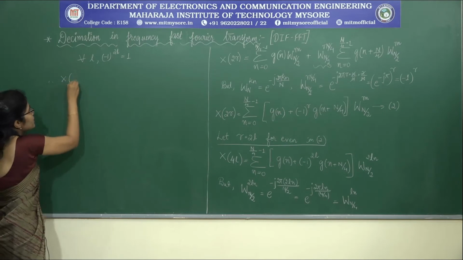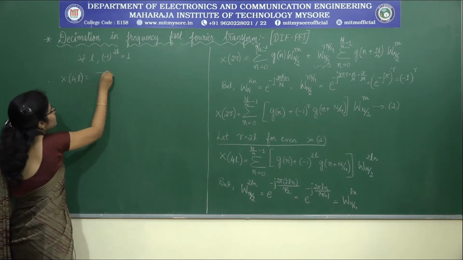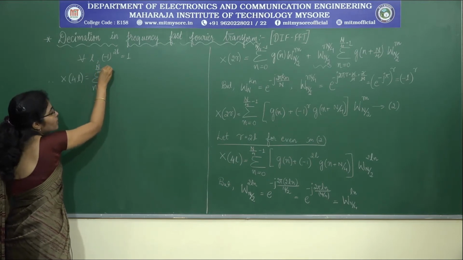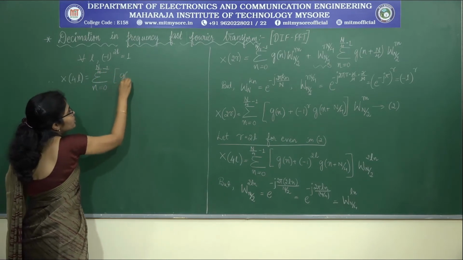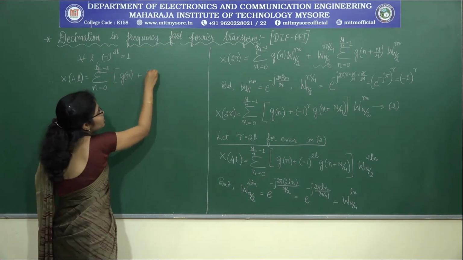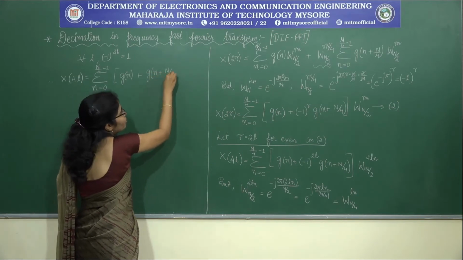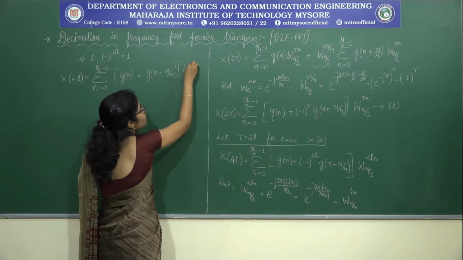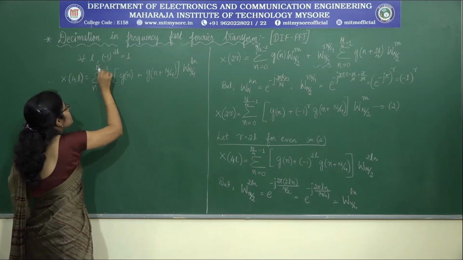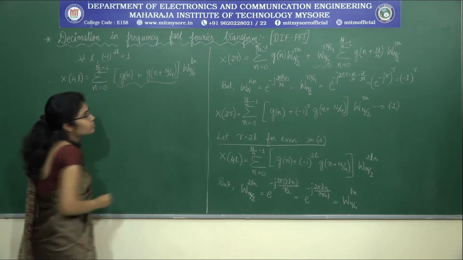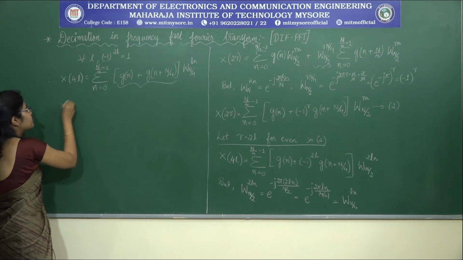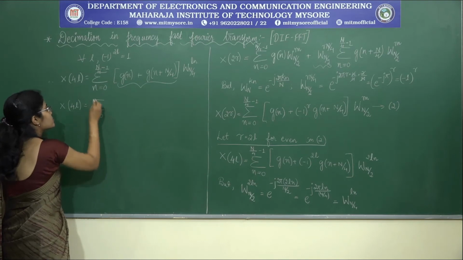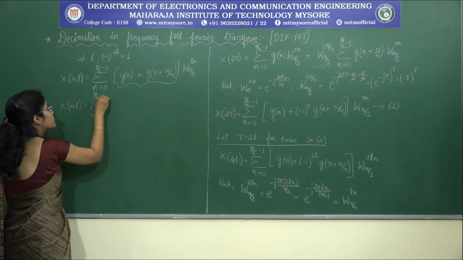Therefore, X of 4l will be equal to summation n ranges from 0 to N/4 minus 1 into g of n plus g of n plus N/4 into omega N by 4 to the power of ln. Now, instead of this entire term, let me take one more substitution. If I rewrite that, X of 4l will be equal to summation n ranges from 0 to N/4 minus 1.